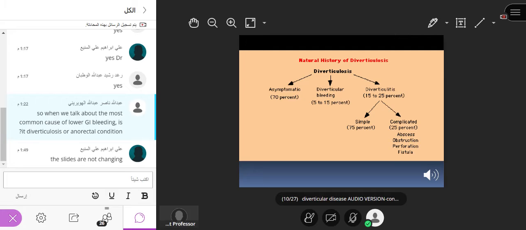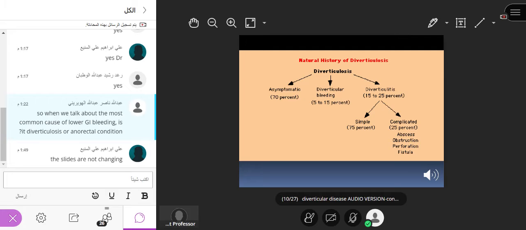If it is infected, it may give you some confusion, but if the patient comes again and again, you will go for colonoscopy and you'll see something. It may be simple: only infection, only inflammation, only pain and constipation, nothing else.